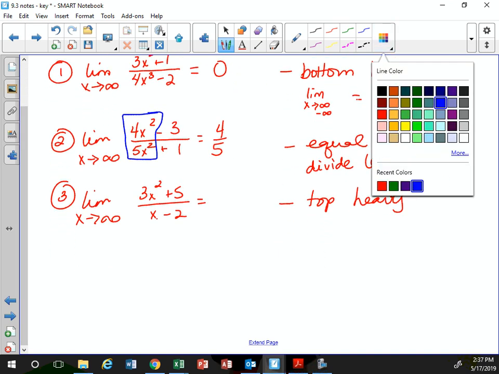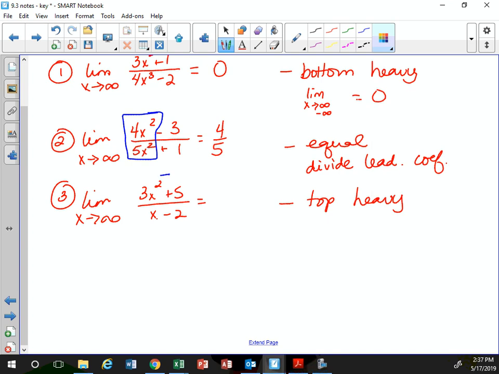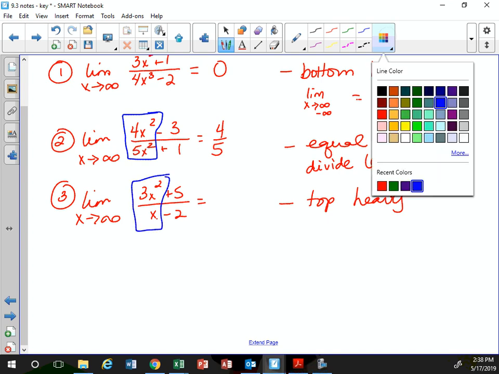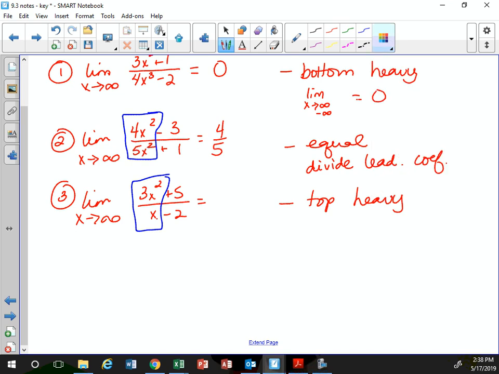You're going to start the same way we did with the last one. You're going to divide the leading coefficients, the most important terms, whatever you want to call them. So you're dividing a little bit, and then you're looking at what's left. If I have 3x squared over x, what does that simplify to? 3x. Do you know what that looks like?